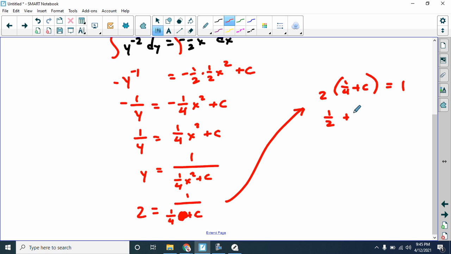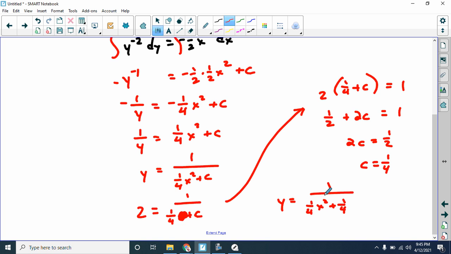So I get 1/2 plus 2c equals 1. Subtract 1/2, divide by 2, I get c equals 1/4. So y equals 1 over 1/4 x squared plus 1/4.